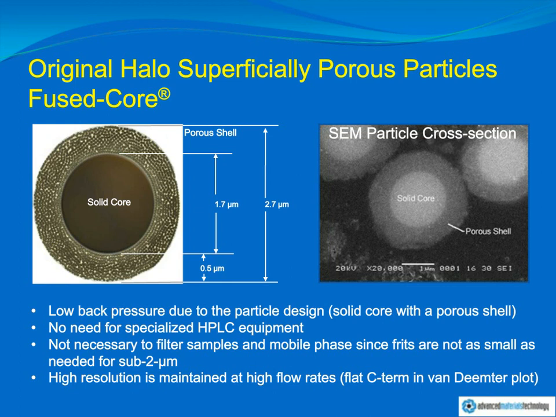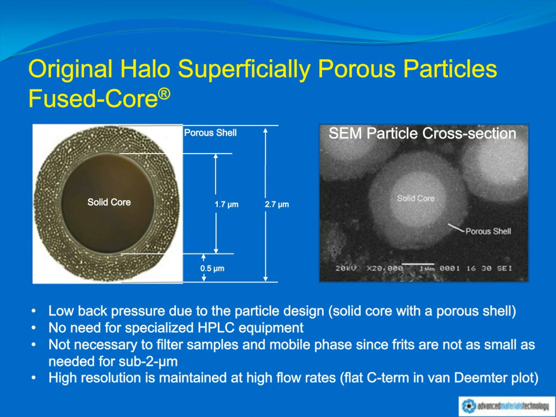Now, we liked these materials and they have, as I mentioned, been rapidly accepted for small molecule liquid chromatography over the last decade because relative to much smaller totally porous particles, they exhibit a relatively modest back pressure drop across the column due to the particle design.